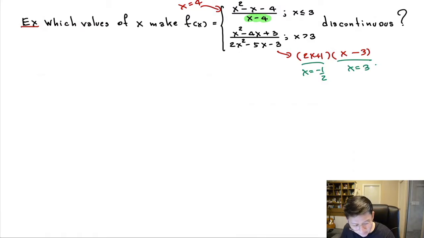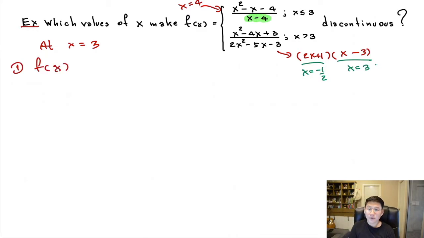And how about at 3? At x equals 3, can you find f of 3? Of course you can. It's going to be 3 squared minus 3 minus 4, divided by 3 minus 4.